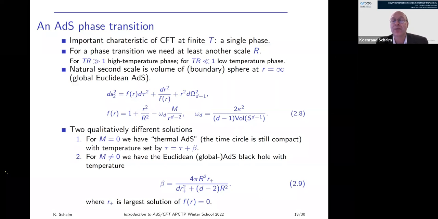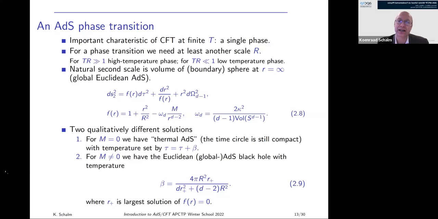Because global ADS, remember, the boundary is not flat space-time, but the boundary is a sphere. And the sphere has its own radius of curvature. That is, of course, related to the radius of curvature of ADS from the defining equation of global ADS. But that means that the CFT, which you can always think of as living on this boundary, also lives on this space with a curvature R, and it can know about it.